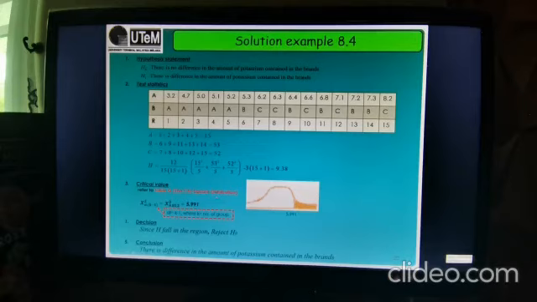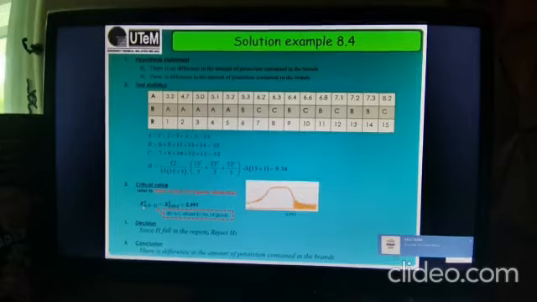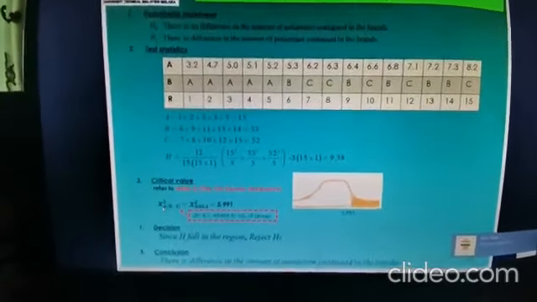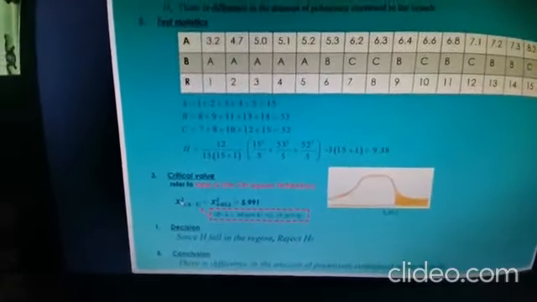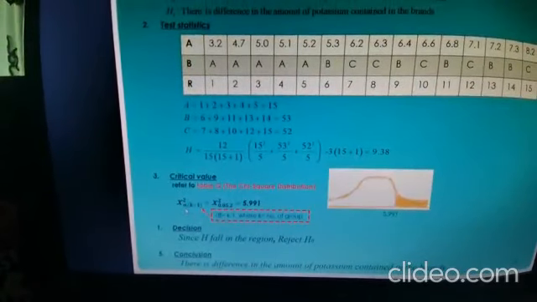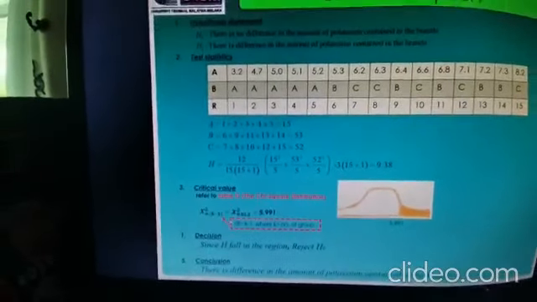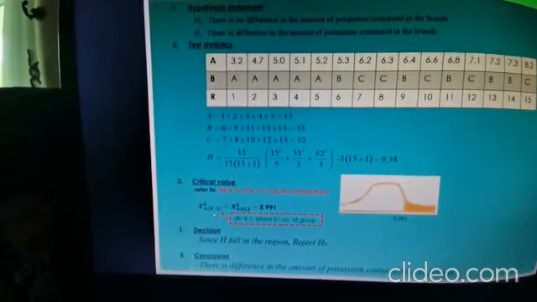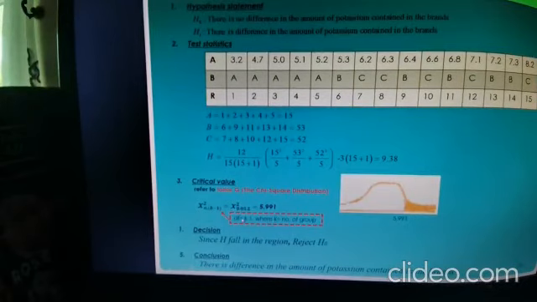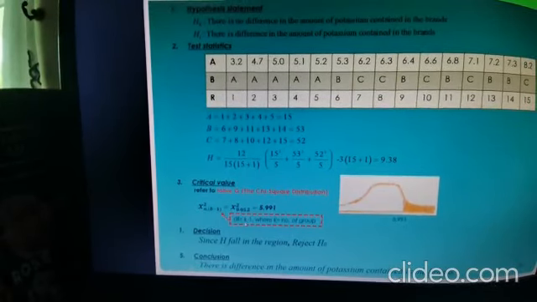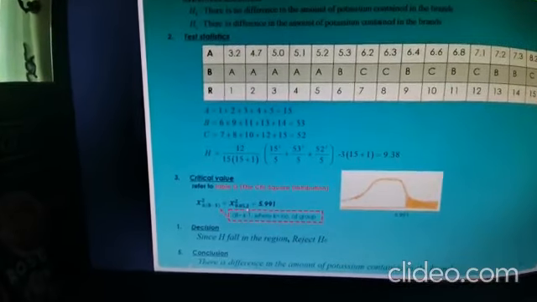Then for the critical value, we refer to table G, the chi-square distribution table. The symbol is x squared, or chi-square. So chi-square with alpha, comma, k minus 1. K minus 1 is the degrees of freedom, and K is the number of groups. In this case, we have A, B, C, 3 groups, so 3 minus 1 is 2.